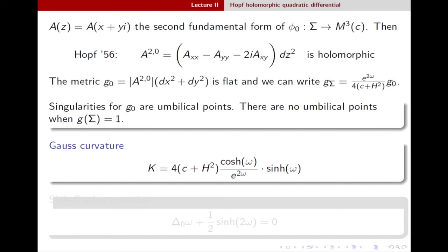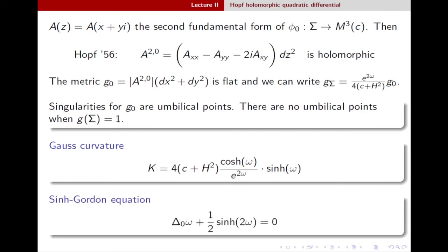So essentially you want to prove a sign for omega, right? And the reason we can do that is because this function omega solves a very important differential equation, the sine-Gordon equation, which is given here, right? So essentially the description of genus 1 surfaces comes down to studying the sign of this function omega, right?